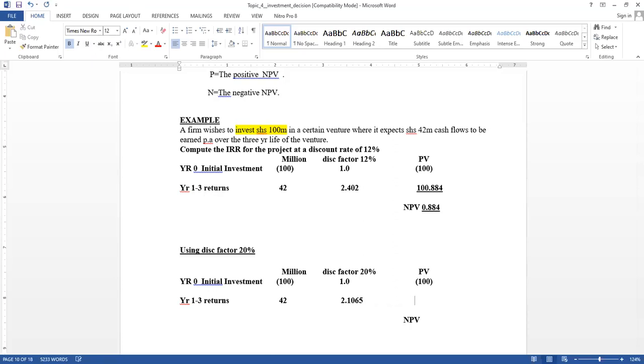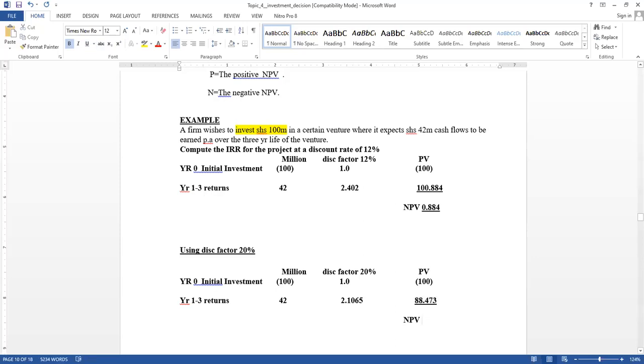So when you multiply by 42, what do you get? It's 88.473. Now, you realize that the initial outlay is higher than the returns.